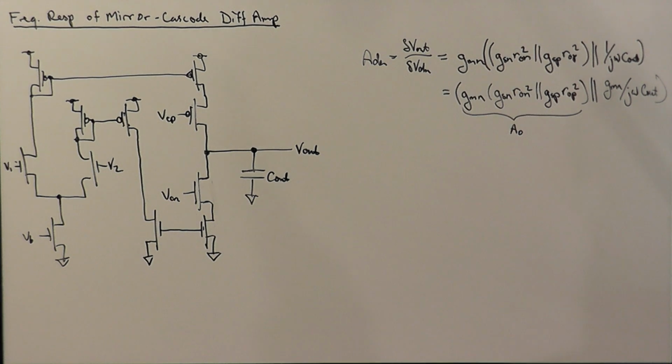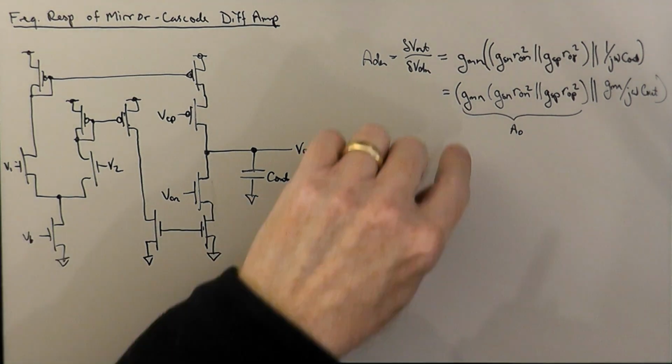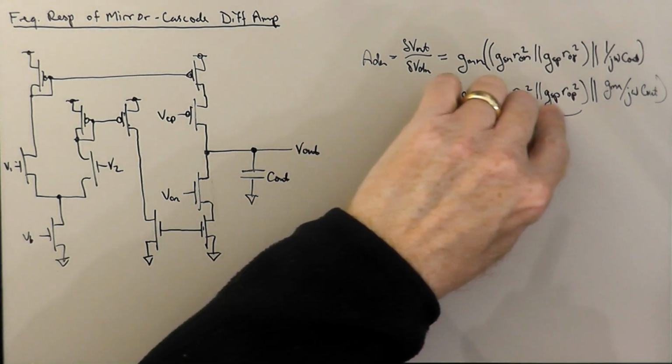And so I could imagine plotting on a Bode plot. Actually, why don't I color code these things? We'll see how this color coding comes out.